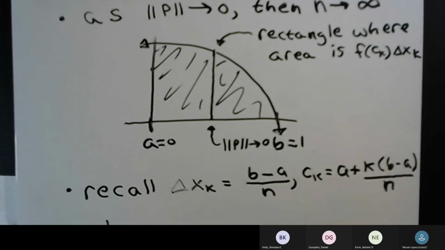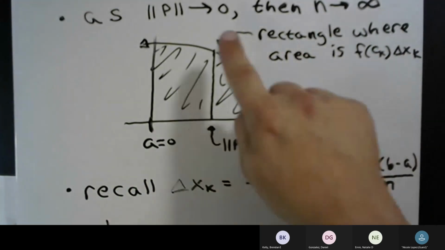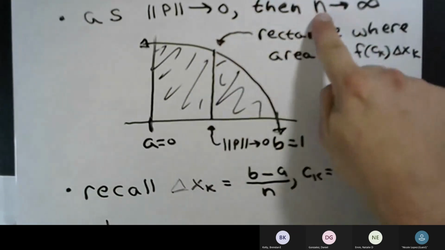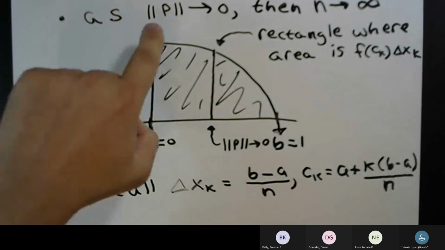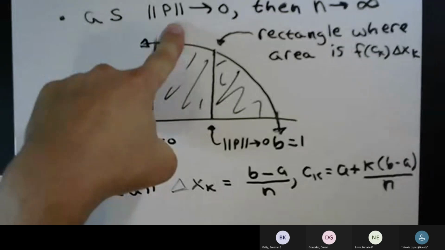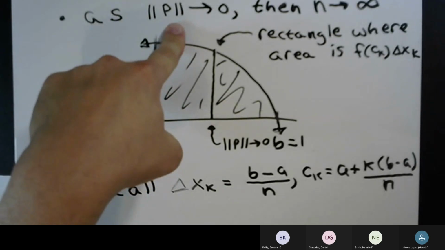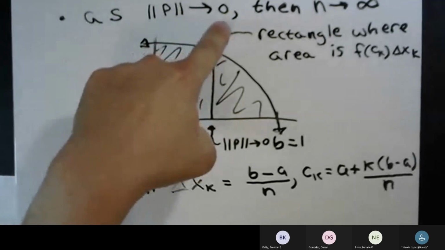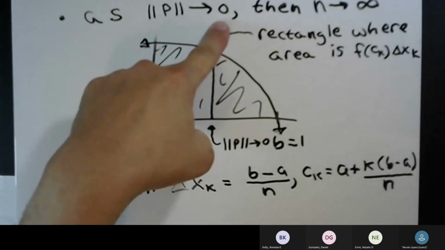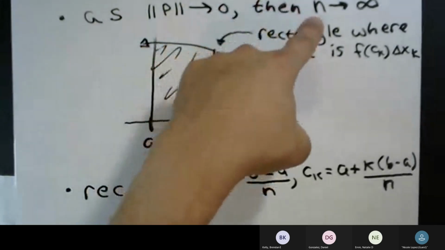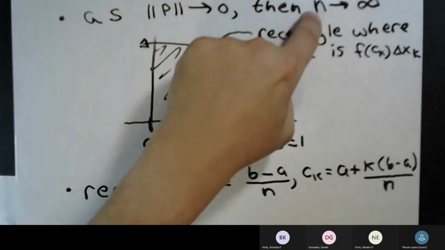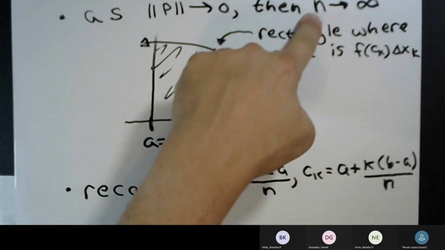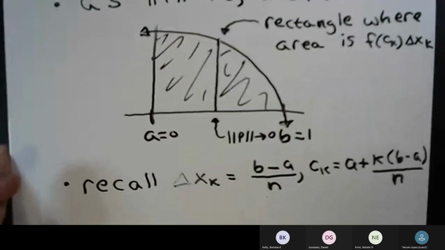So the key thing here is, as this goes to 0, the number of rectangles grows infinitely. So we're just going to rewrite our limit. Instead of using it in terms of the width of the largest subinterval in a partition becoming smaller, making all the others smaller, and causing more rectangles to be needed to fill in the area, we're just going to say: as the number of rectangles that fill in the area grows to infinity, we're going to get our area.